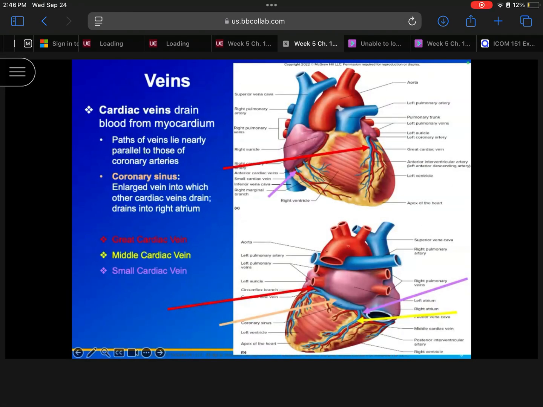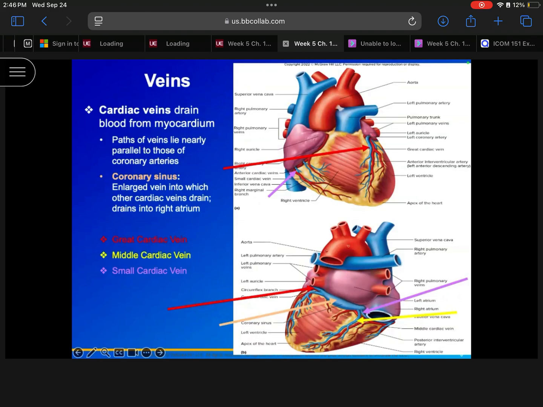If you look at the posterior side of the heart, you can actually see each one of your cardiac veins there, the 3 cardiac veins. Anyway, starting from the front side where we have the marginal branch coming down from the right coronary artery, we're going to have the small cardiac vein. So that's going to be right here.